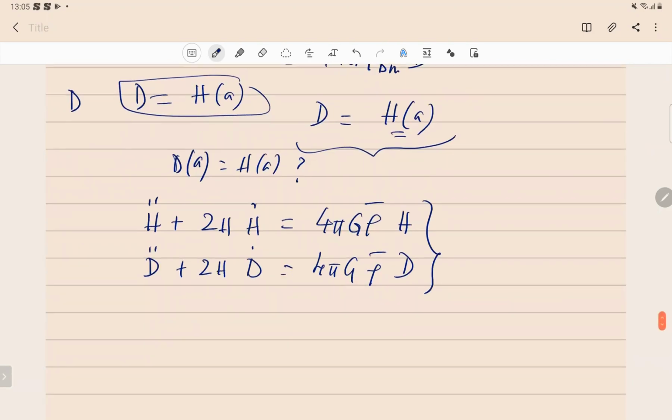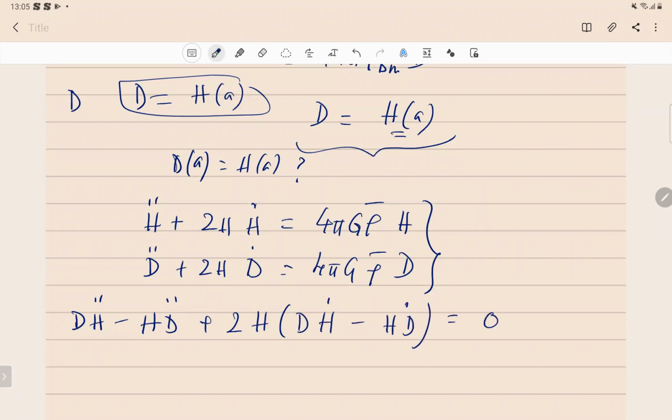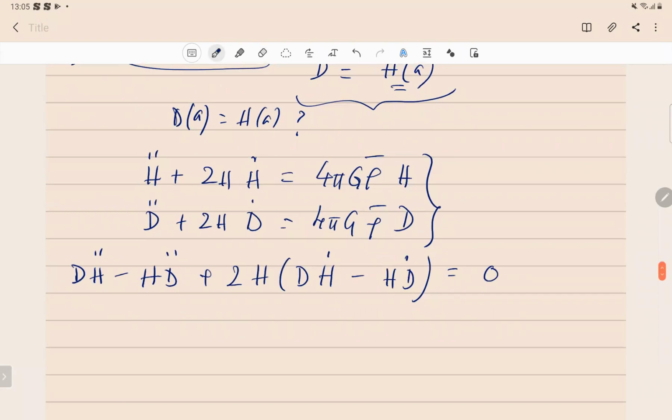From the one solution you want to get, you multiply the first equation by d and the second equation by h and subtract. So you have d h double dot minus h d double dot, plus twice h times d h dot minus h d dot, equals 0. What does this look like?